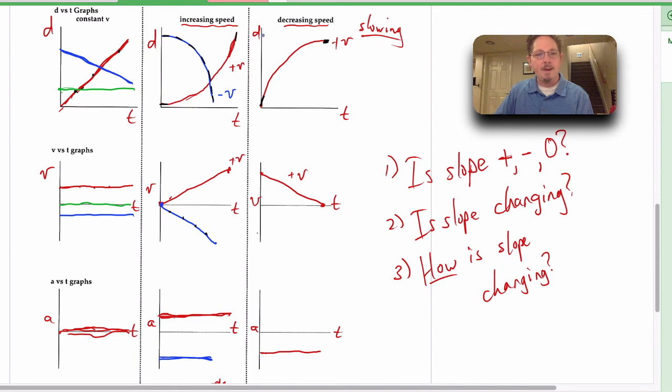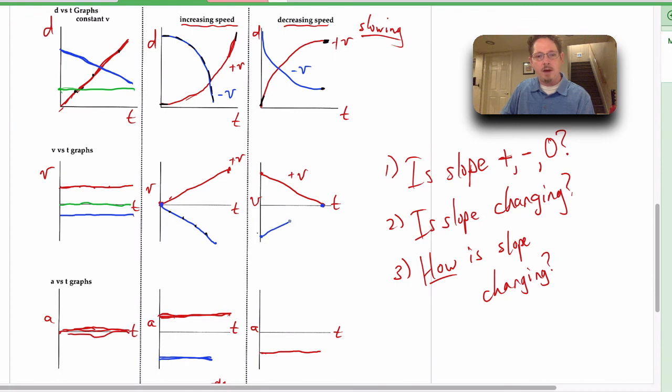The flip side of that is to have something that has a negative velocity and negative change in position, but leveling off. That leveling off motion is our clear sign that we're slowing down. So I started off with a steep negative velocity, and I ended with a flat slope, meaning I have a zero velocity there.